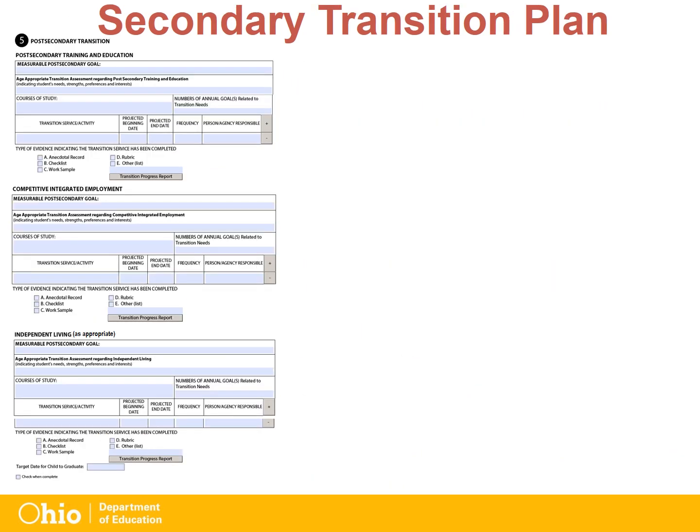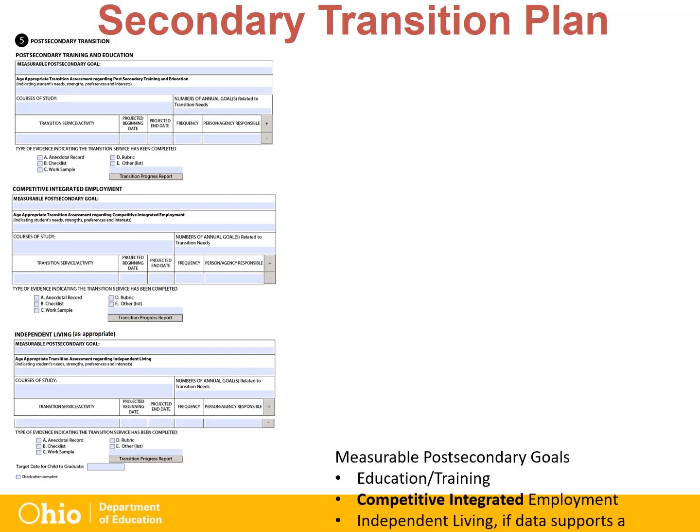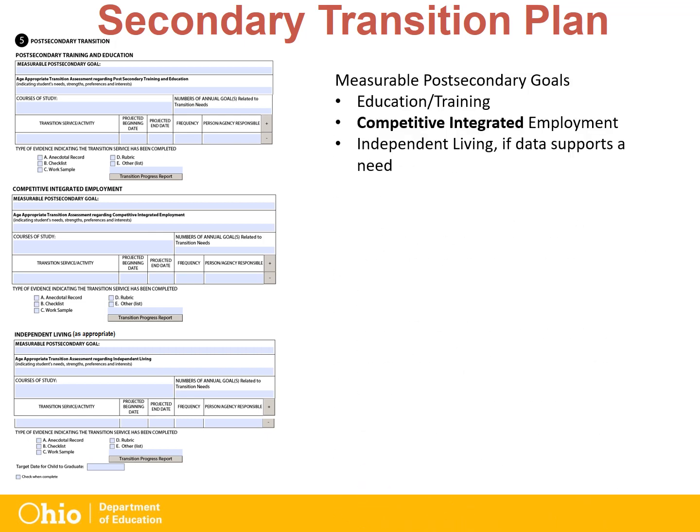The post-secondary transition planning section of the IEP has been considerably reorganized. However, the majority of the components remain the same from the previous IEP form. Here you will see the layout of Section 5, Post-Secondary Transition. As always, a post-secondary goal must be written in the area of education, training, employment, and, if assessment data supports a need, independent living.